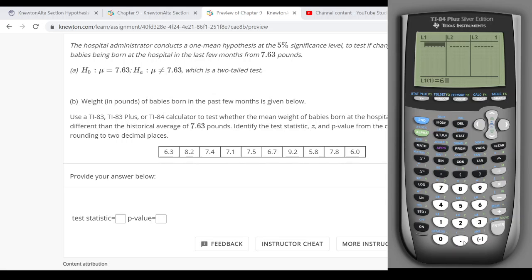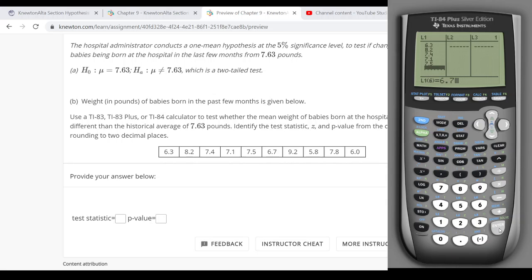One baby weighed 6.3 pounds that she sampled, and 8.2, 7.4, 7.1, 7.5, 6.7, 9.2.